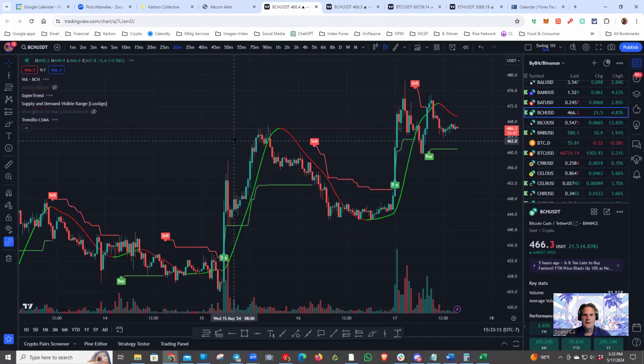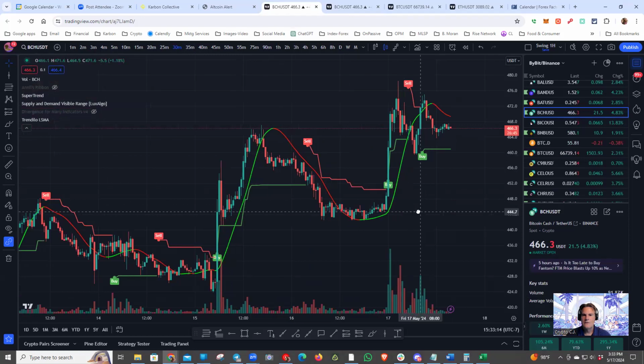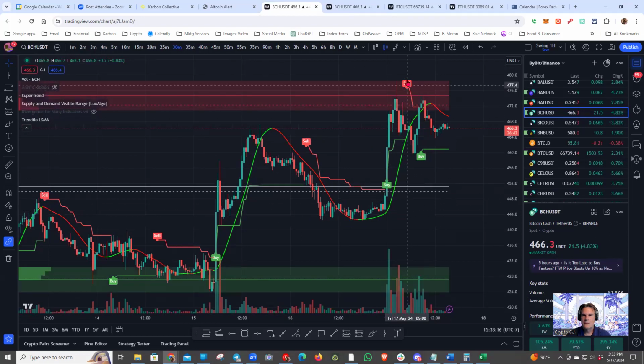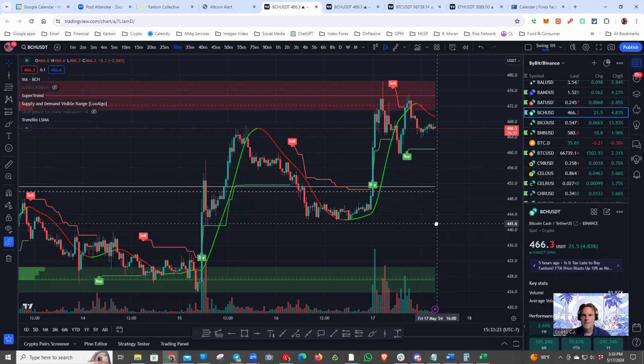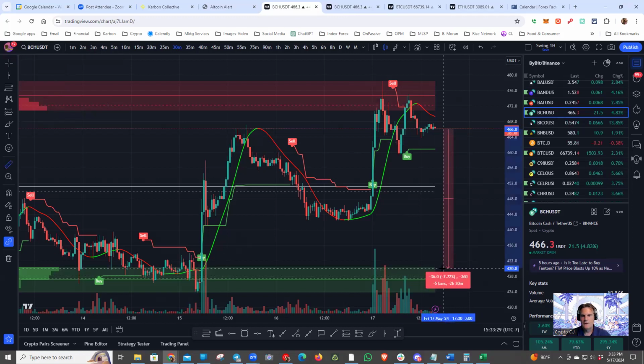Let's look on the 30-minute. Okay, it printed a sell, then a buy this morning. Yeah, it's hanging around the red zone on the 30 anyway, and we've got room, 7-8%.